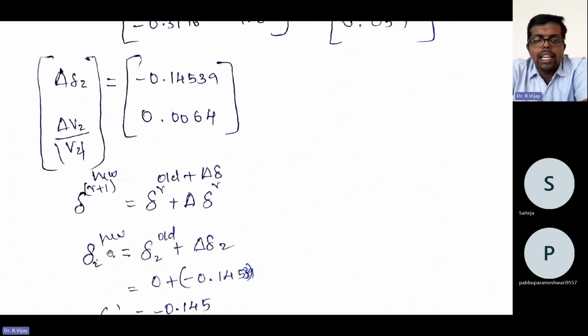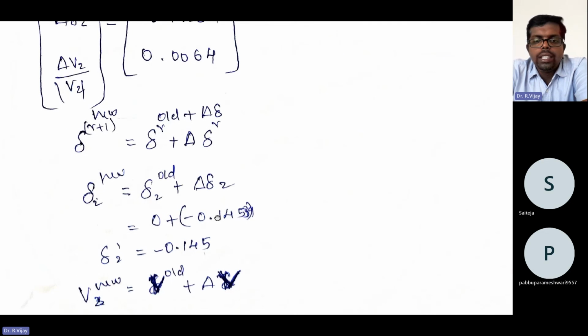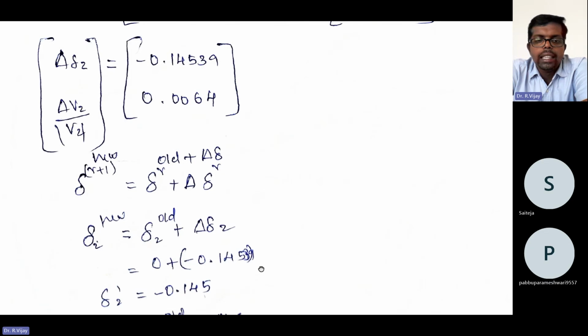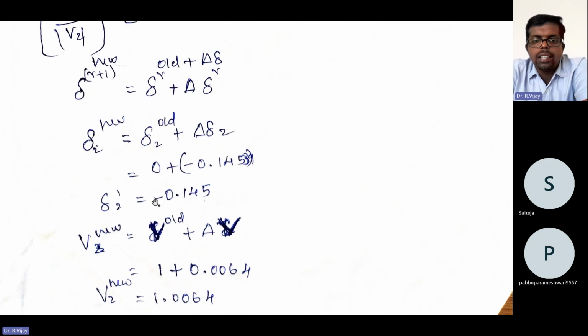Now we need to calculate the new delta value. New delta value is equal to old delta value plus change in delta value. Old is 0, because it is 1 plus j0. So del 2 is what we already calculated, minus 0.14539. New delta value, del 2 dash, is equal to minus 0.145.